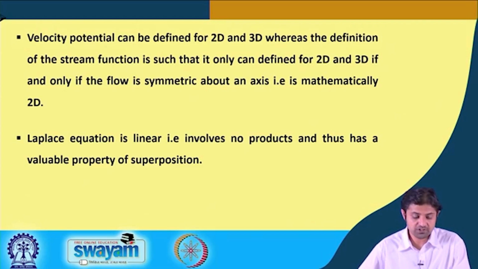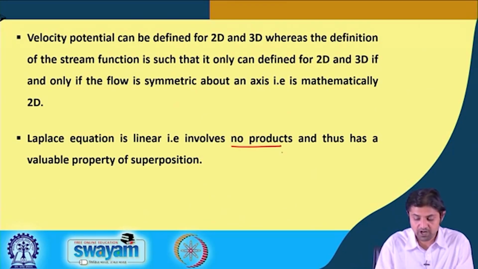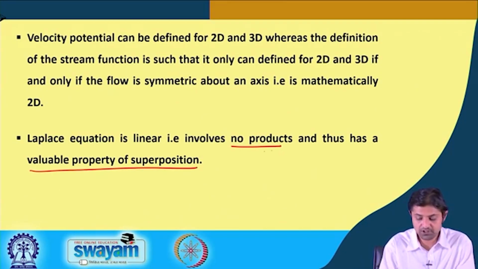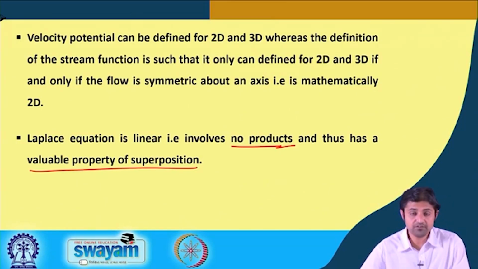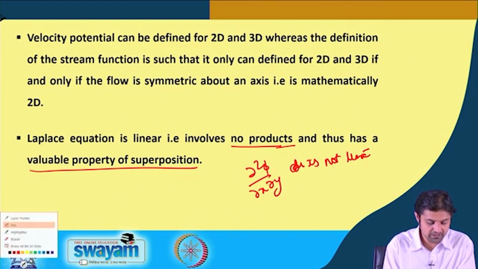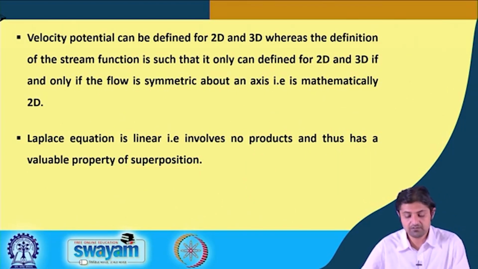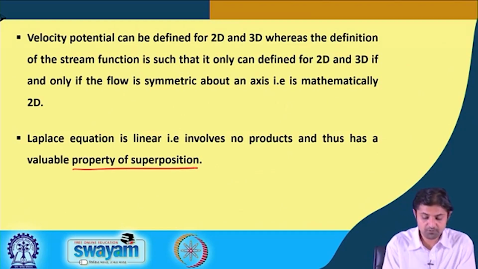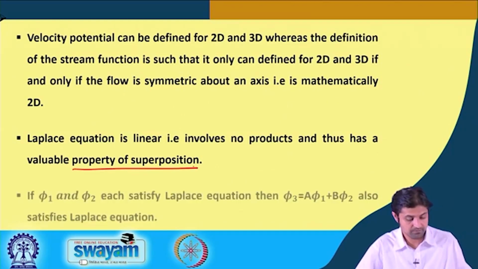The second thing to note is that the Laplace equation is linear, that is, it involves no products, and thus has the valuable property of superposition. So we don't have product terms such as phi 1 times phi 2. In a different sense, we say that the Laplace equation is linear because it does not have any product. Therefore we can apply the property of superposition to Laplace equations.